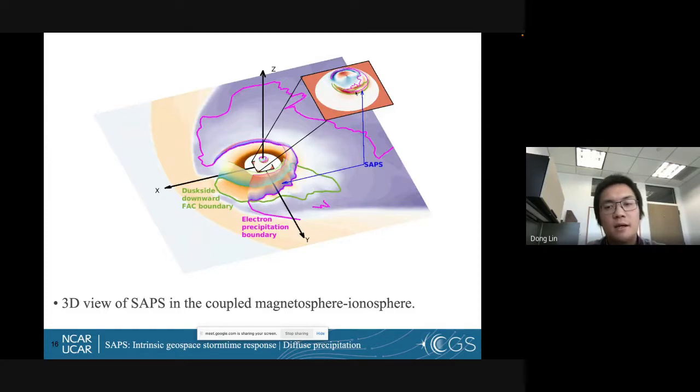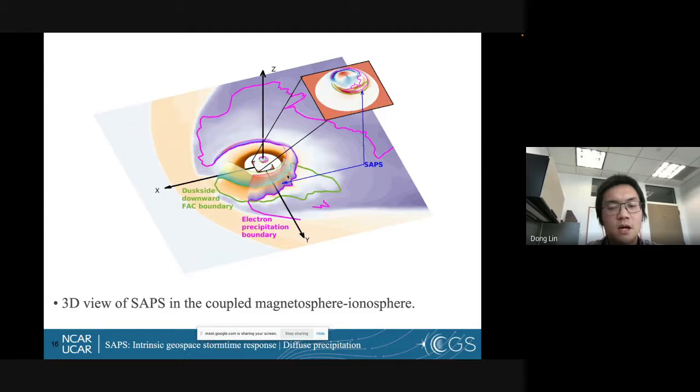Basically, again, you see this mesoscale channel in the ionosphere, and if we map everything to the magnetosphere in the equatorial plane, particularly if you look at these boundaries and their projection in the magnetosphere, the SAPS is formed between this equatorial boundary of the electron precipitation and that of the downward region 2 field-aligned current.